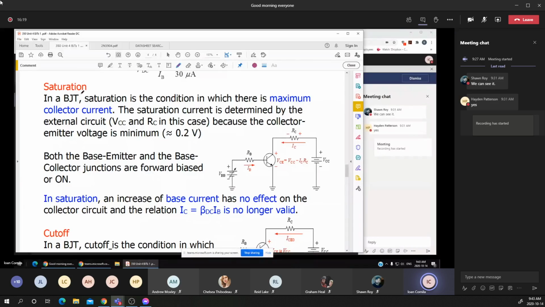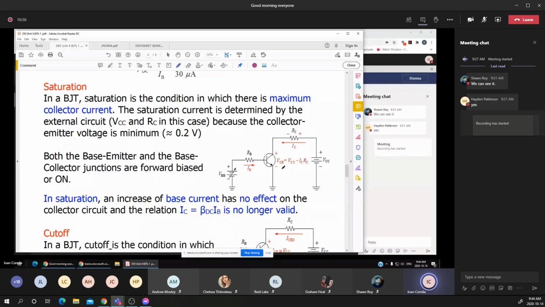In the same way, we can look for saturation in terms of the maximum current in the collector of the transistor, in the circuit where the transistor is placed. In this circuit you notice that I have this closed loop. Now the question is how we can determine the maximum current in the collector of the transistor.